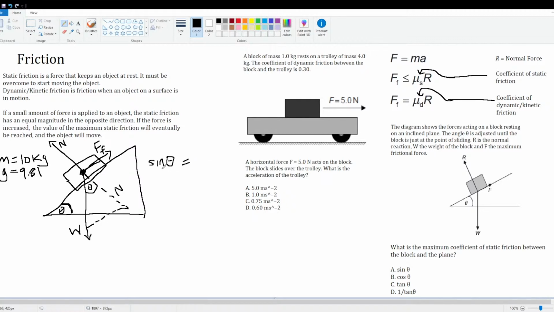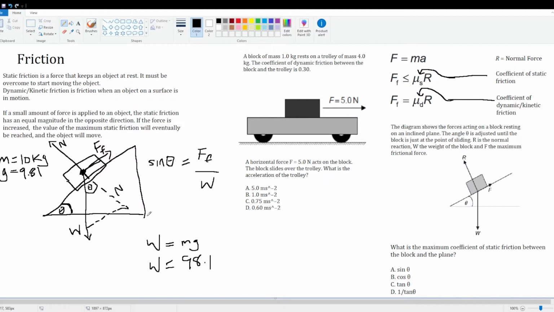So we'll just write force of friction over hypotenuse, which is W. Now W, we'll just leave that as W. We know W equals mg. So W equals, that's pretty basic, it's 98.1.